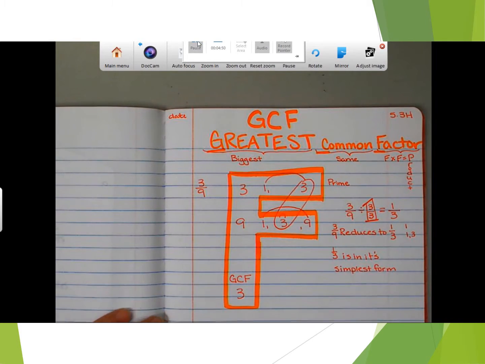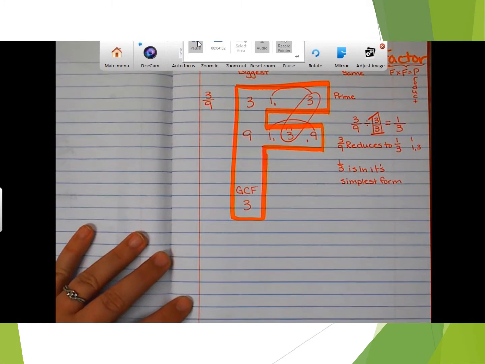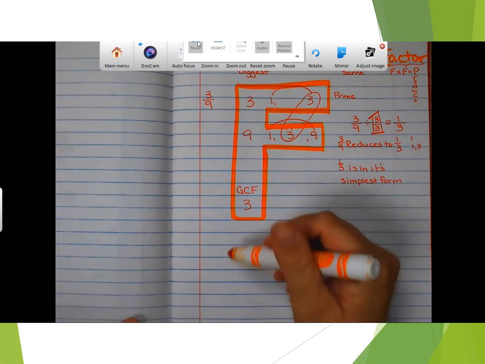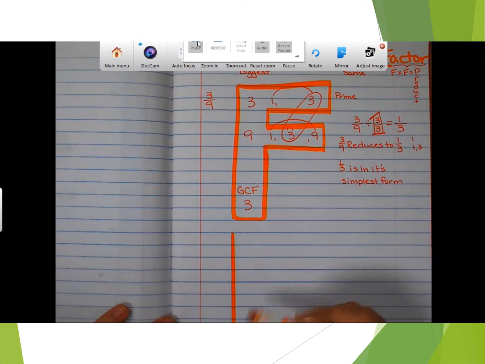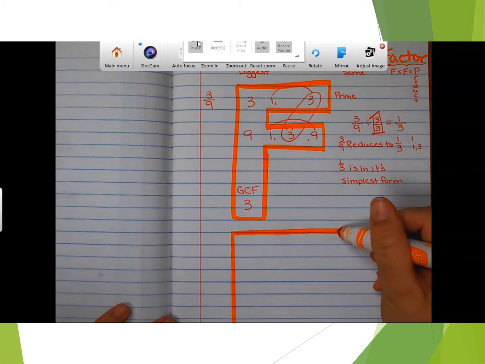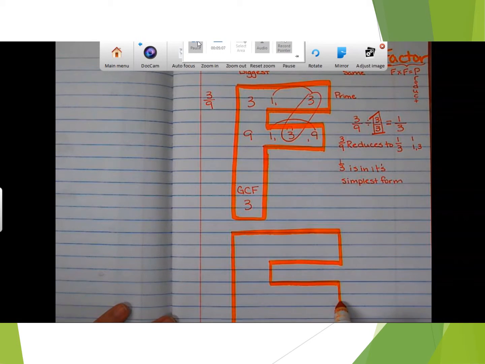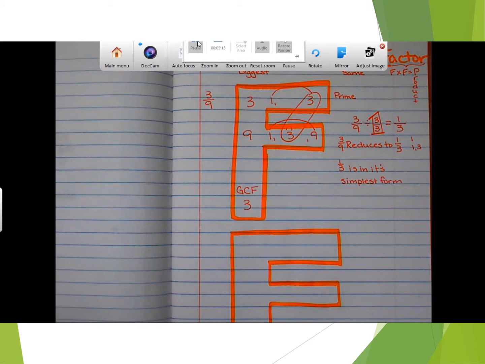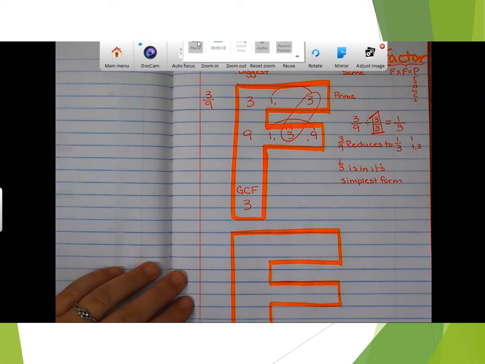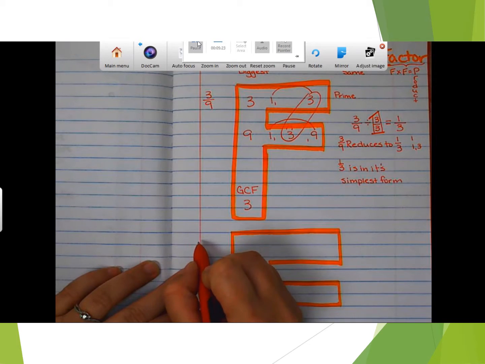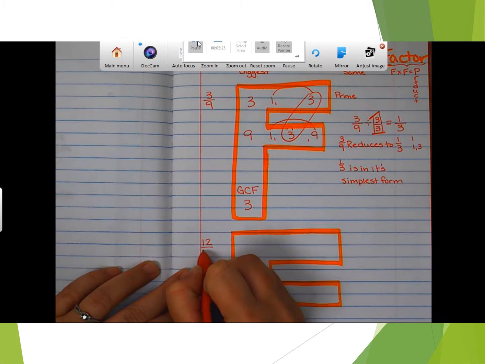Okay, we're going to do one more example. That one was kind of easy because the factors on it, there weren't very many. Let's look at another one. So on the bottom half of your paper, you're going to make another F. We're going to look at 12 over 24. 12 24ths.